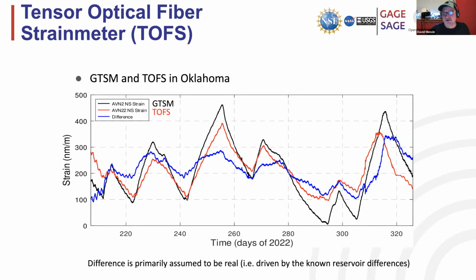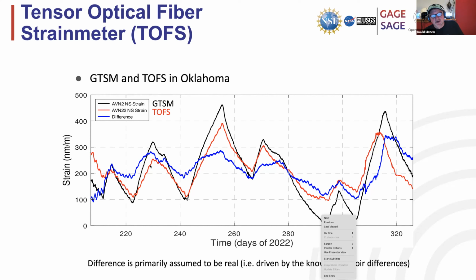We have put a handful of these in, so they have been built, they're not fiction. And we have put them in with our older instruments, the GTSM instruments. So this is where we put 2 of the TOFs and 3 GTSM instruments in an injection well in Oklahoma. You can see here the black line is the GTSM, the old one that costs roughly $300,000, and the red line is the TOFs, the new one, which costs on the order of $50,000 for the entire installation.